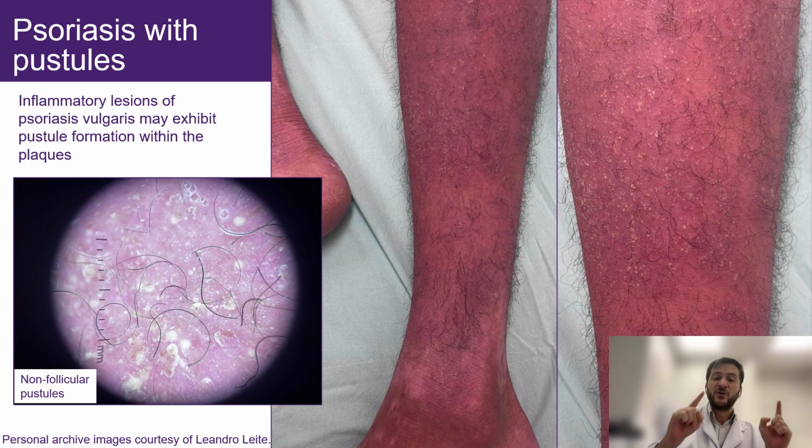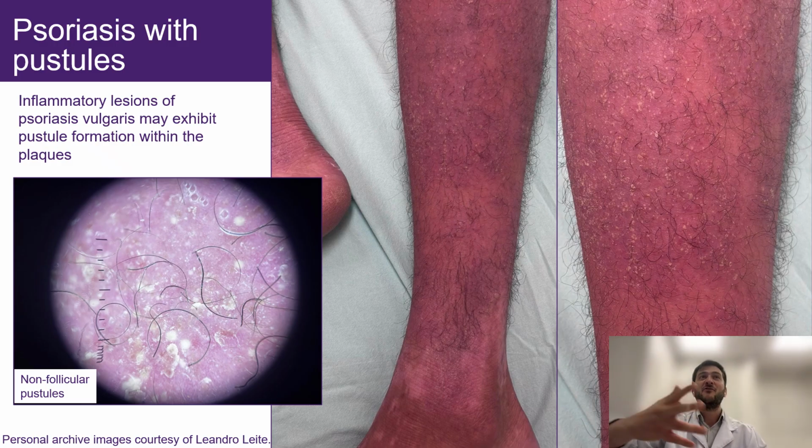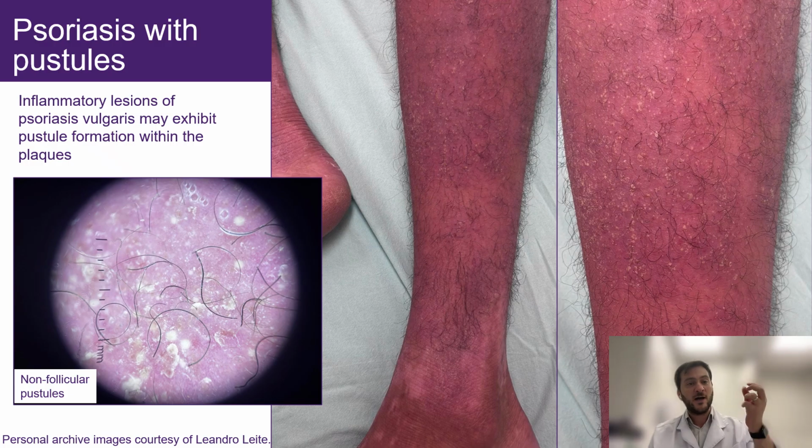But the pustule formation is within the existing plaques. These pustules remain confined to the boundaries of the plaque, unlike GPP, where you would have pustules everywhere in the skin of the patient, and that's a key diagnostic direction to differentiate GPP from psoriasis vulgaris with pustules.